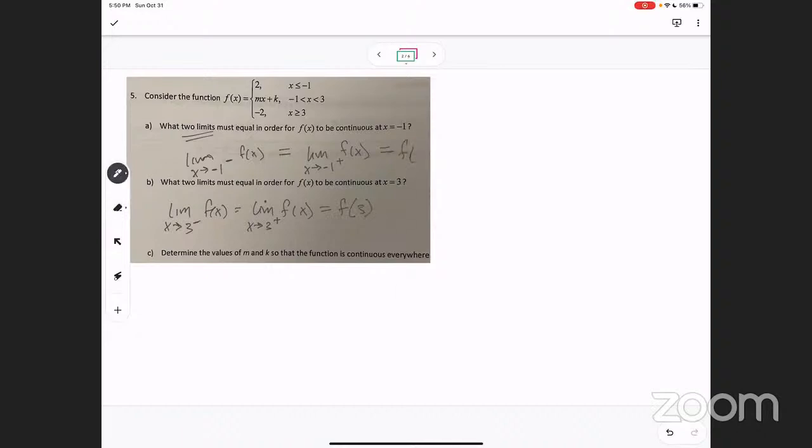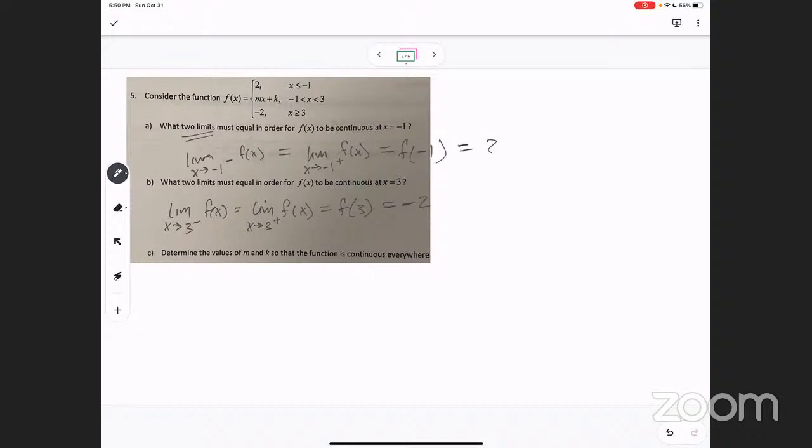They have to equal the function, which in this case equals 2, and in this case it equals -2. Does that make sense? So the left-handed limit and the right-handed limit and the function value itself all have to be the same.